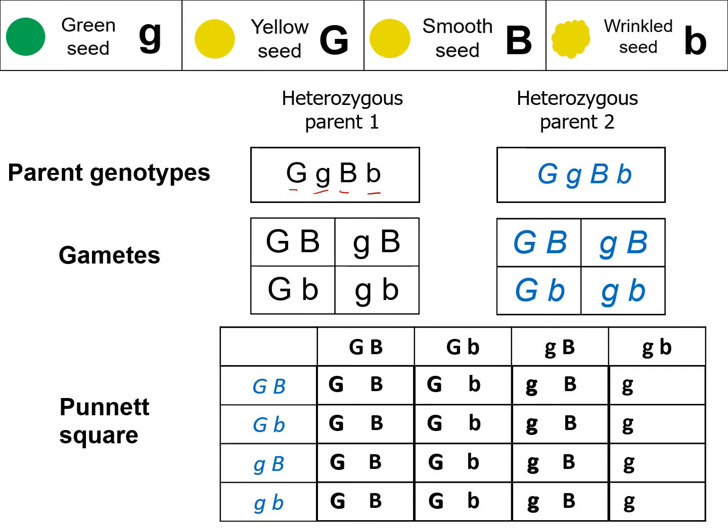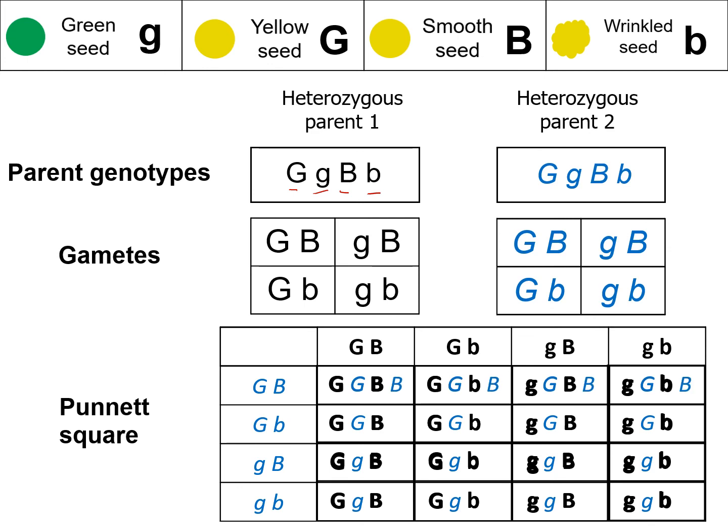So I would always do a complete column or a complete row and write in the same letter all the way across, so you know that you're not adding in or missing out on any of the alleles. And you can see that each of the offspring has 2 letter G's and 2 letter B's, and each of the offspring has inherited 2 alleles from parent 1 and 2 alleles from parent 2.